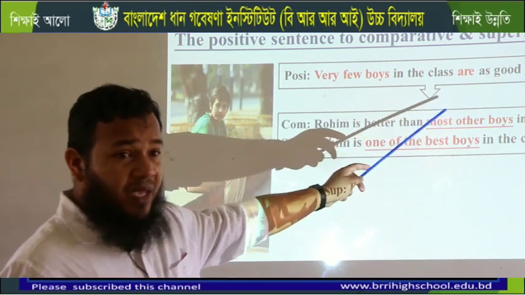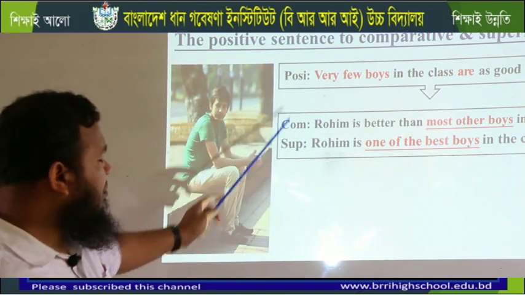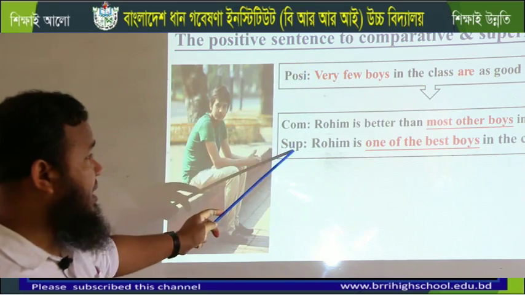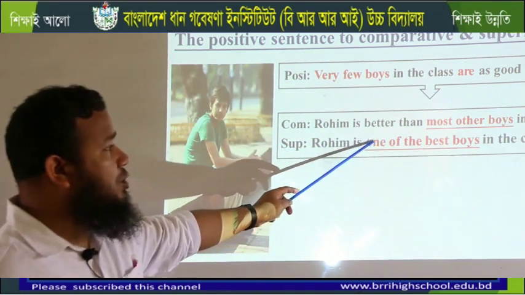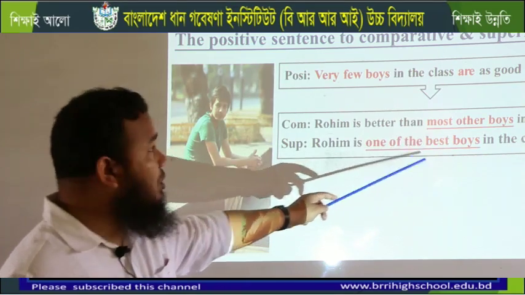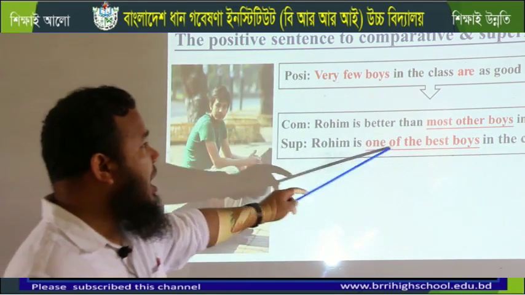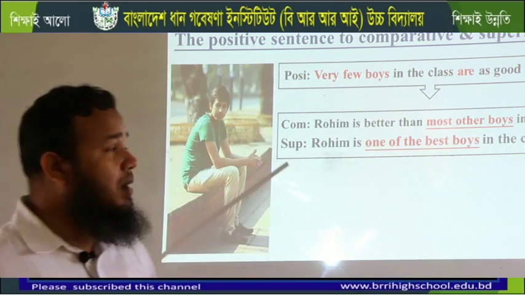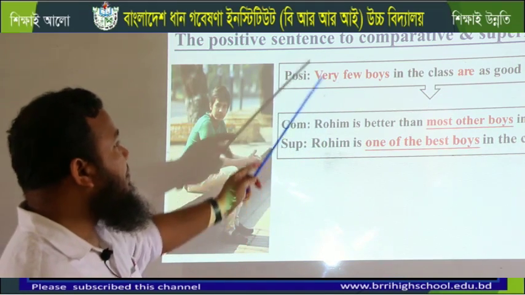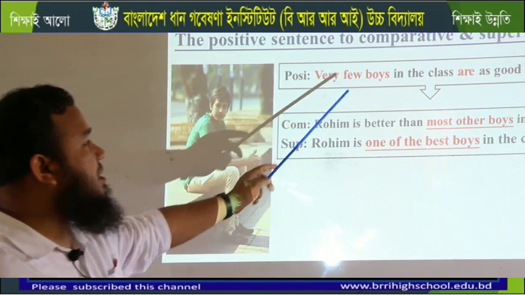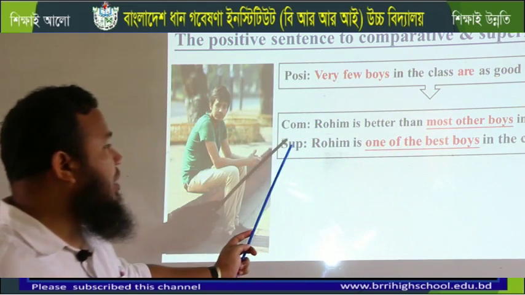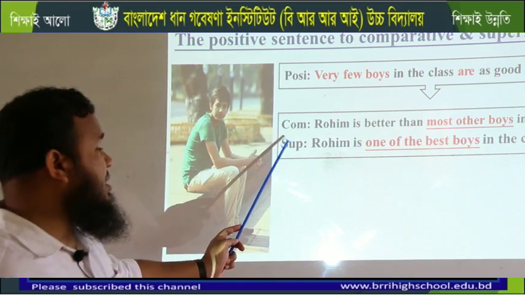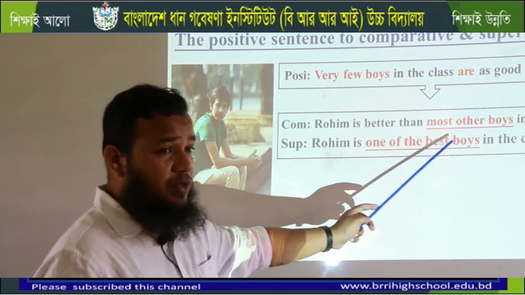I think you all have a clear idea about it. Then the superlative form of this sentence is Rohim is one of the best boys in the class. We have used one of the best boys, one of the, because we have used here very few and here most other. So remember that whenever we have very few in the positive sentence and most other in the comparative sentence, we must use one of the best, one of the, in the superlative form.